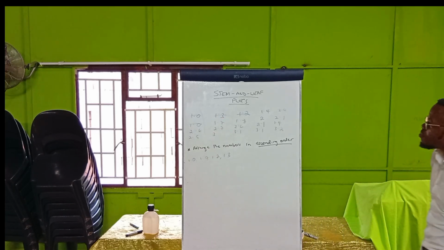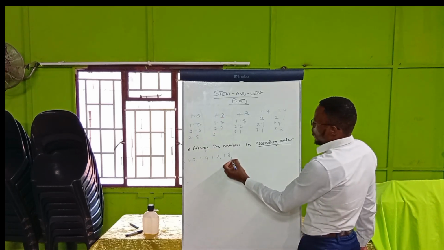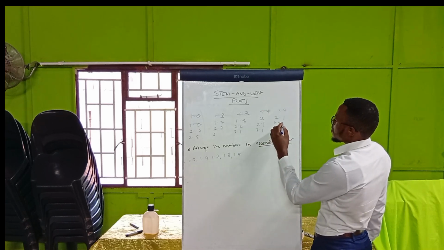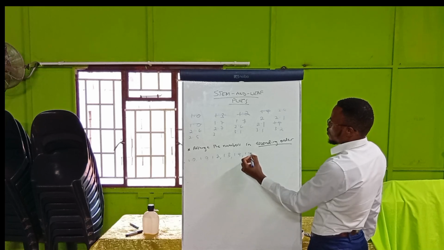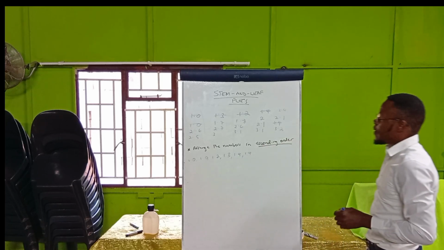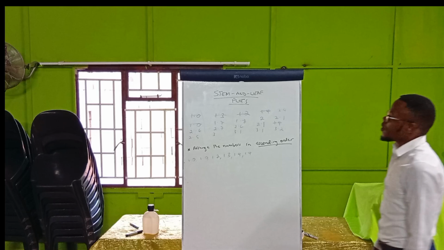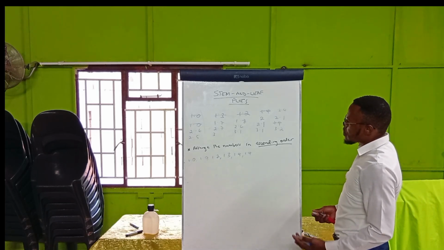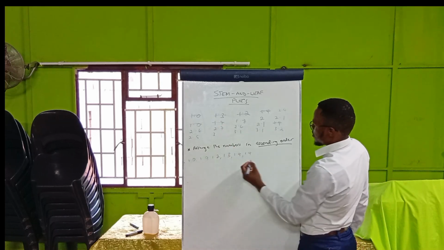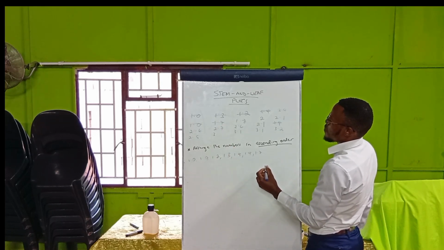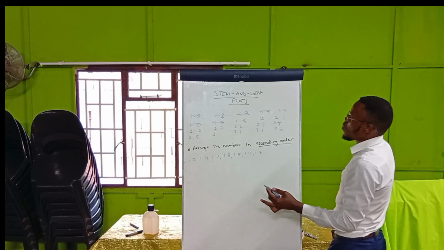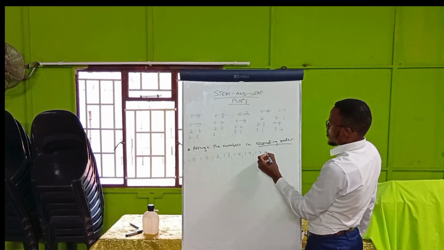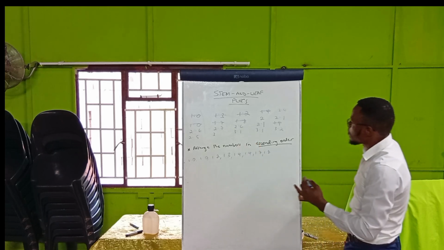Any other? No. 1.4. I am seeing one here, and there's another one there. Next, do we have 1.5? No. 1.6? No. 1.7, I see one there. And then 1.8, I see one there. Do we have another one?